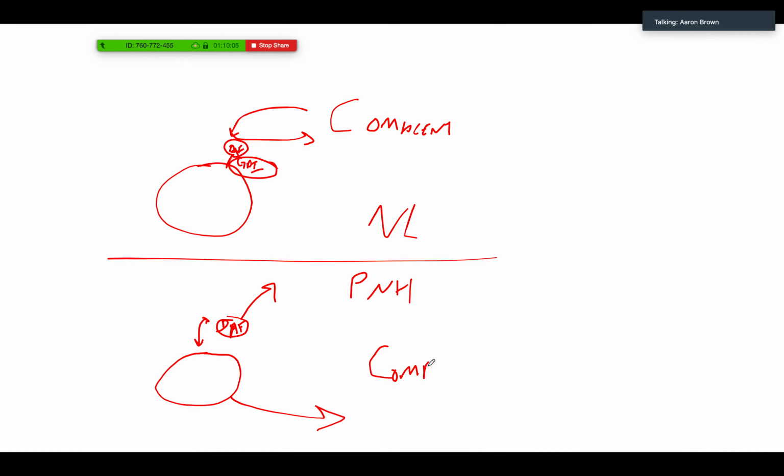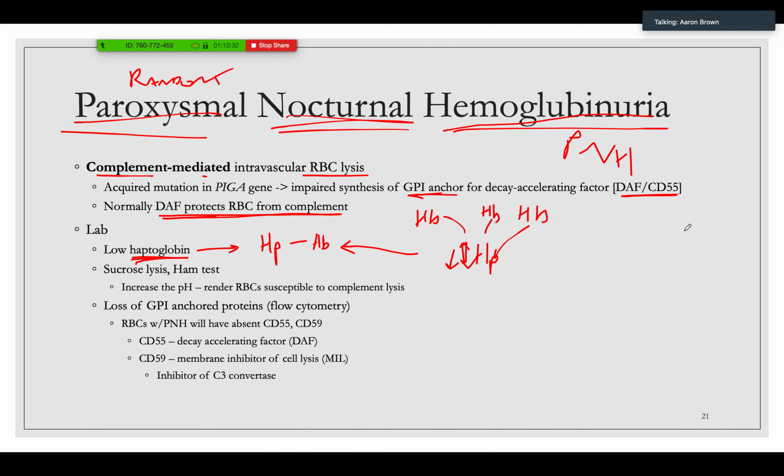This drunk guy at the bar is going to find the red blood cell, and it's going to destroy the red blood cell. I should say complement. Okay? And so in PNH, the problem is you don't have this anchor for DAF. DAF does not protect the red blood cell anymore from complement. Okay? So that is essentially the idea behind this disorder.